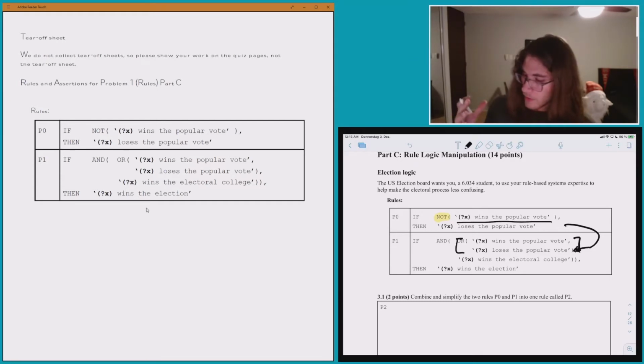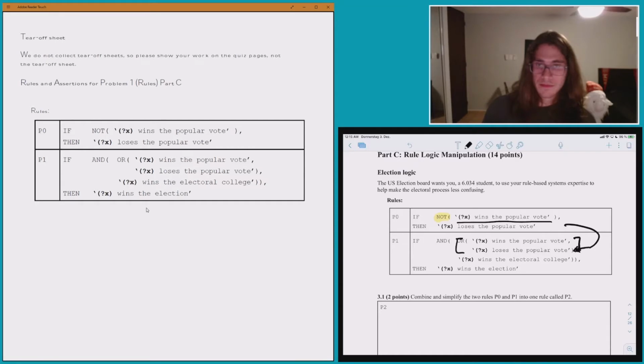Because when you think about it, if X wins the popular vote matches something in the list of assertions, then the or condition in P1 is going to be fulfilled, and whether X wins the popular vote or not, that's a separate issue. If X wins the popular vote is not in the list of assertions, then P0 would add X loses the popular vote, and the or would be fulfilled.